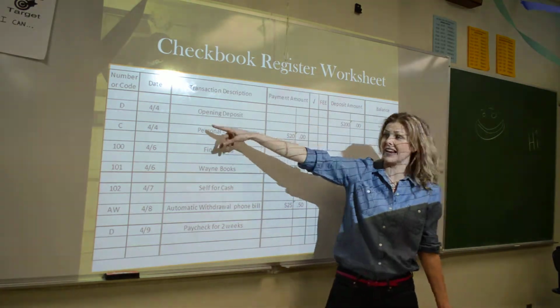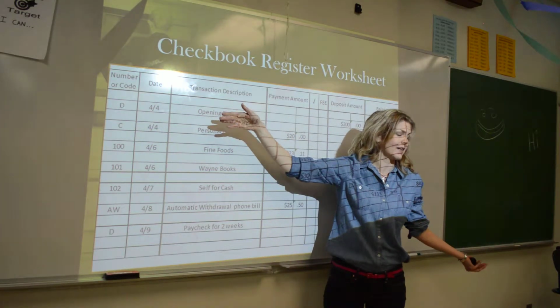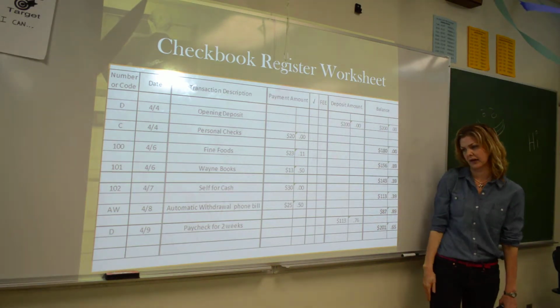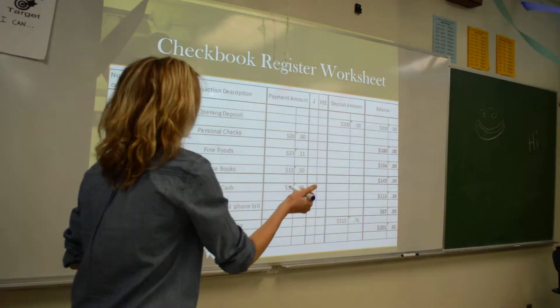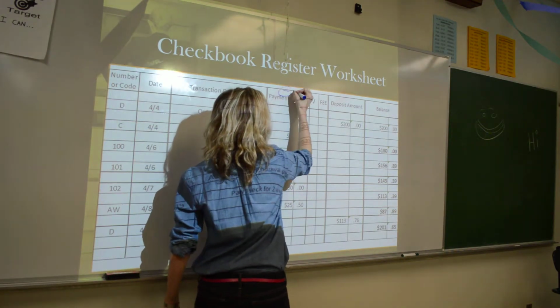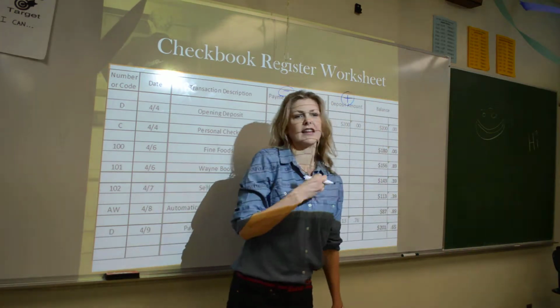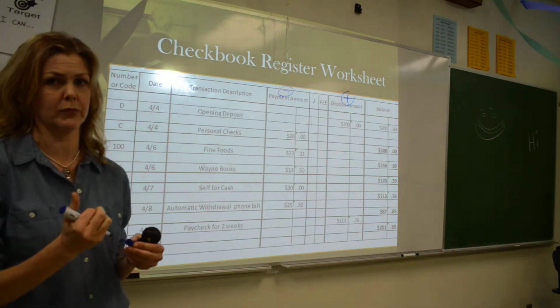I just indicated that with a D. Gave a description of opening deposit. Because it's a deposit, we're putting it under the deposit column. I always do this. I always put a minus sign above the payment, an addition sign above the deposit. It just is a help for me to remember when to add and when to subtract.